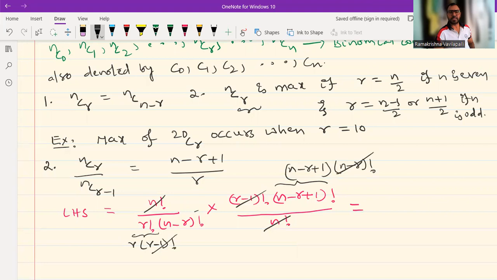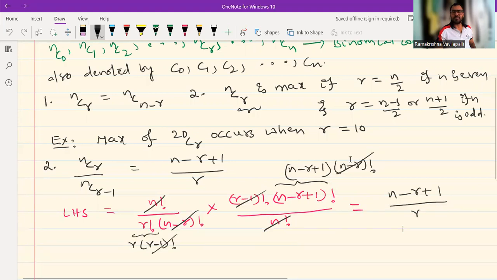So this is cancelled, and we get here (n-r+1), here r. So this is equal to (n-r+1)/r. So this identity is very, very important. There are many questions in previous JEE Mains.